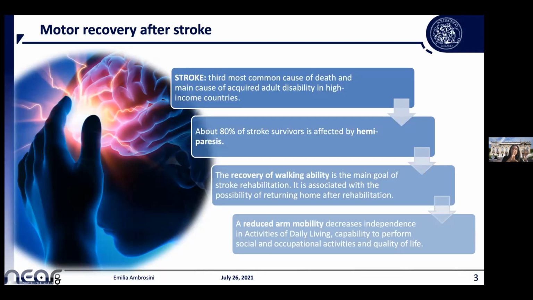The lower limb impairment affects mainly walking ability, and the recovery of walking is therefore the main goal of stroke rehabilitation, while the upper limb impairment compromises the independence of stroke survivors in performing activities of daily living, having a strong impact then on their social and occupational activities and overall quality of life.